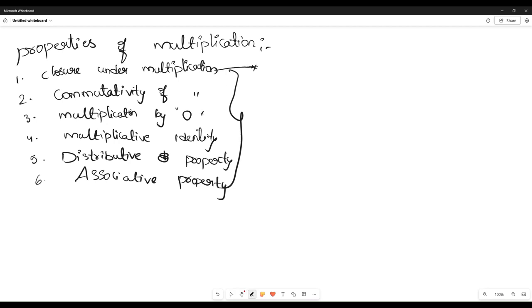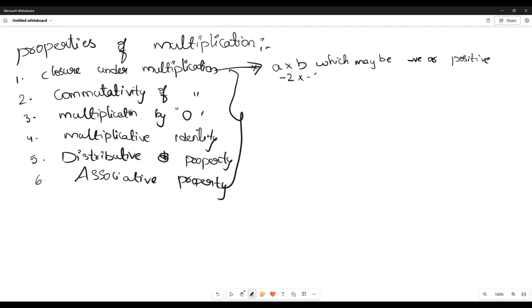I'm telling about closure under multiplication. What is meant by closure under multiplication? It is nothing but the multiplication of two integers, may be negative or positive. Let's see an example.